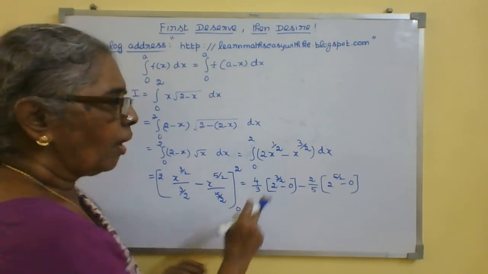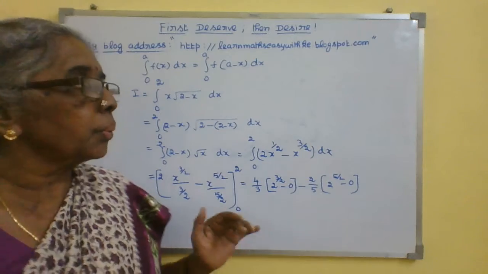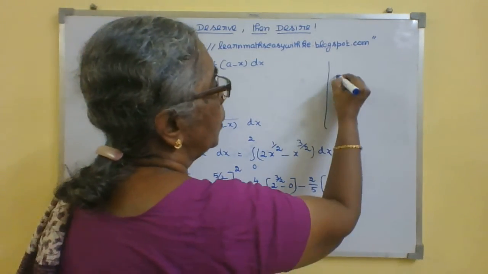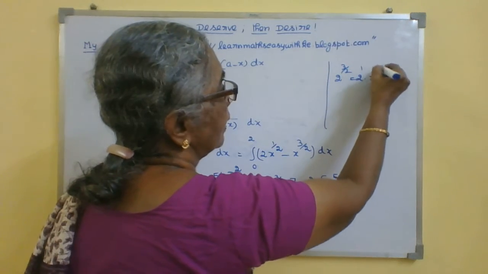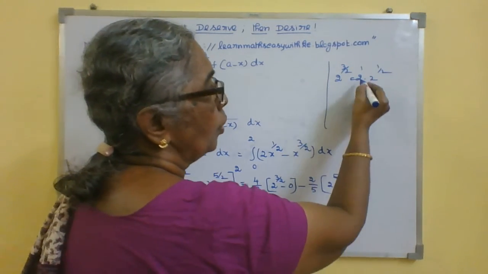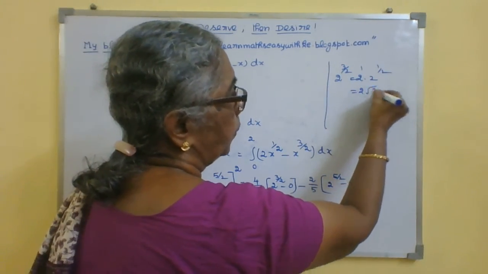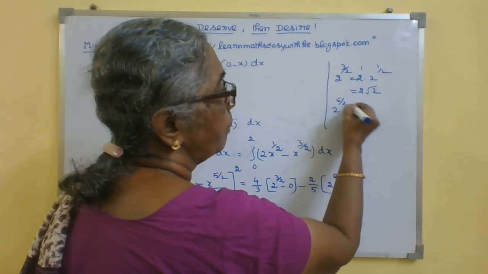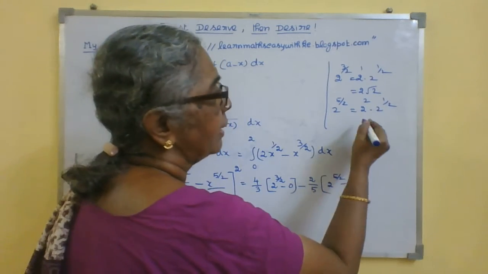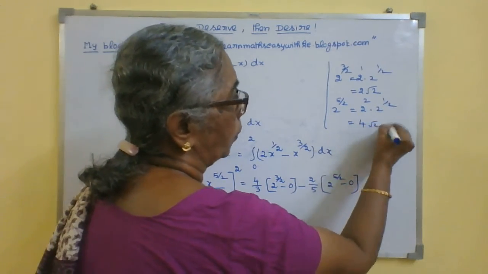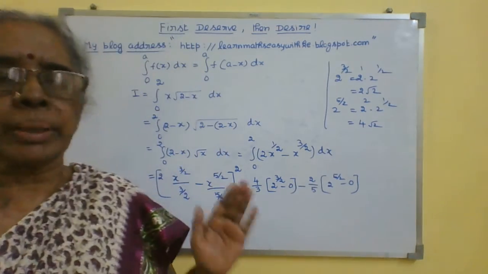So now what is 2 power 3 by 2? You should know these things. See, 2 power 3 by 2 is nothing but 2 power 1 into 2 power half. So you will be getting 2 root 2. What is 2 power 5 by 2? That is 2 square into 2 power half. Okay. So you will be getting 4 root 2. So like this you should know how to calculate.